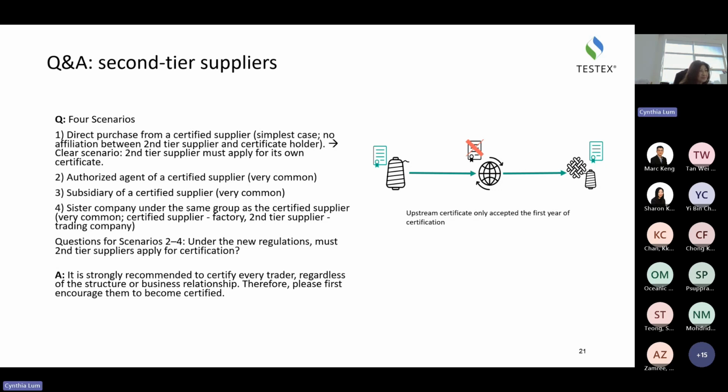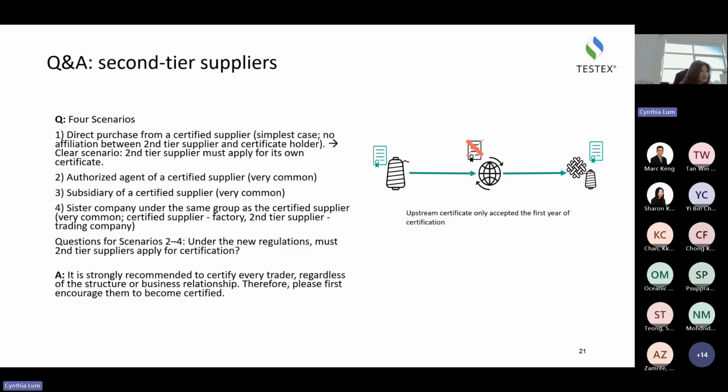Second tier supplier must apply for its own certificate. An authorized agent of a certified supplier, a subsidiary of a certified supplier, a sister company under the same group as the certified supplier, also very common. So the certified supplier is the factory, the second tier supplier is the trading company.